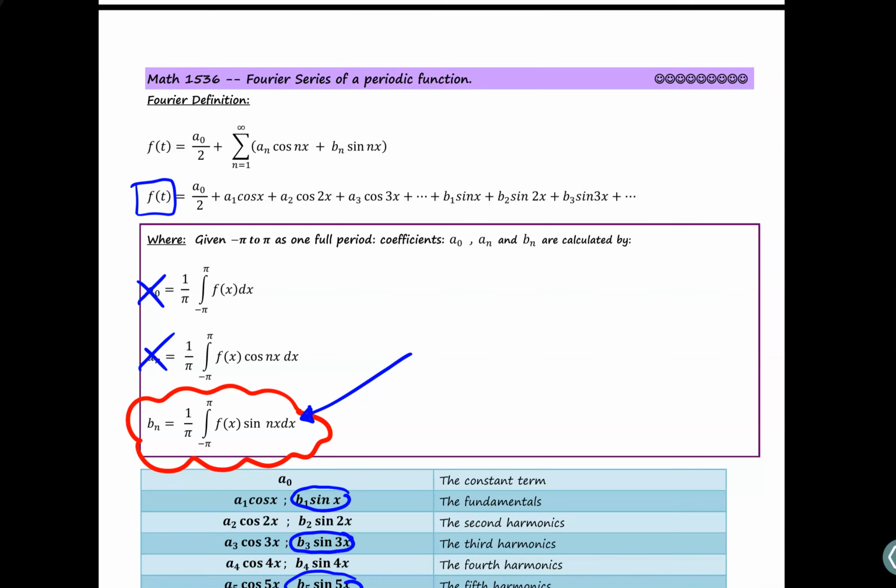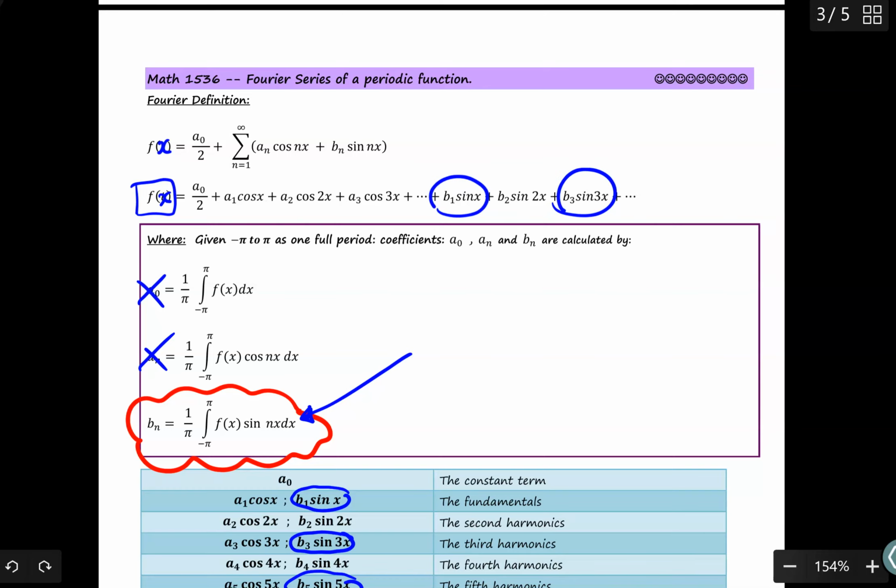In this case, I should say f of x equal to this term, and we should have b5 sine of 5x, b7 sine of 7x, and b9 sine of 9x, because all of the other terms were already eliminated.